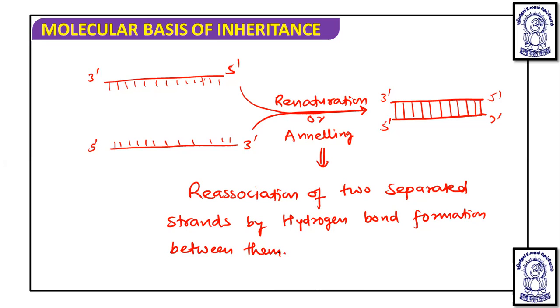Now, the DNA which has more AT base pairs can be denatured easily, and those with GC base pairs can be denatured slowly.